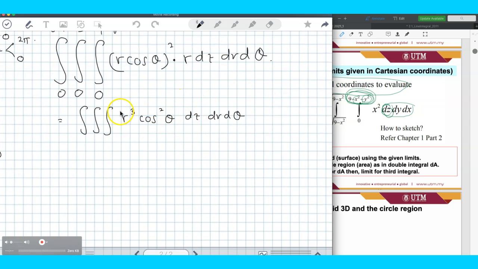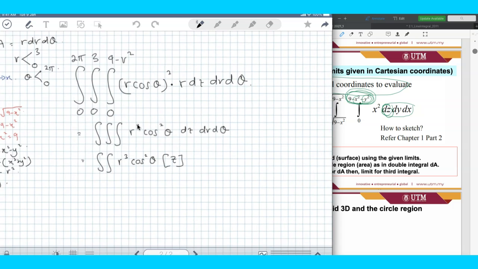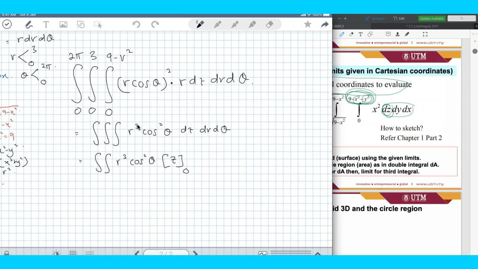There is no z here, so these are all constant. So r cubed cos squared theta, z, from 0 to 9 minus r squared, dr d theta.